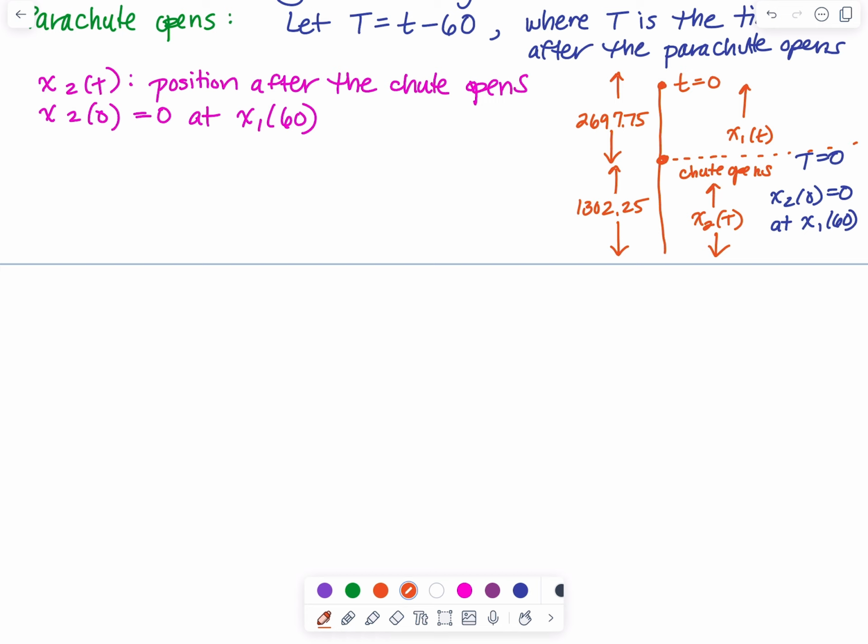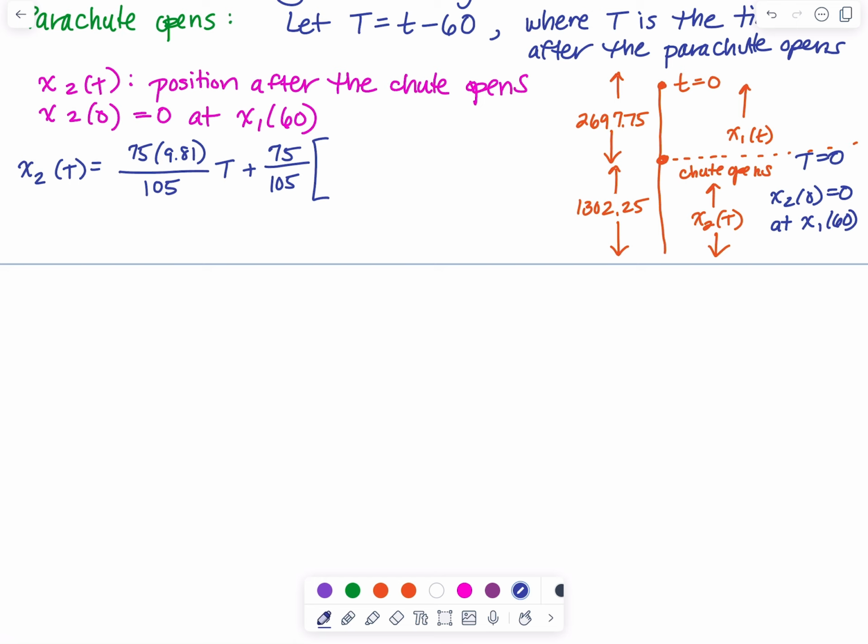Okay, so let's go ahead and continue on. We are going to use our same equations that we used before, x2 of t, and we're going to have 75 multiplied by 9.81 divided by 105, multiplied by time capital T plus 75 over 105.